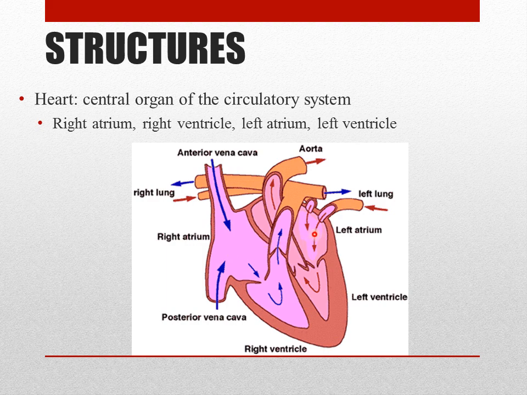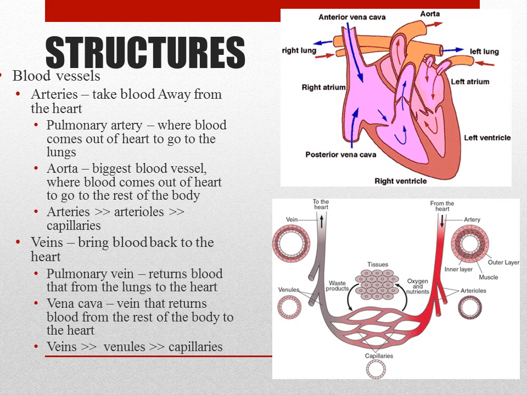So the left atrium is on the person's left side, right atrium is on that person's right side. So when we look at that person, it's kind of opposite. So the atria are at the top, and the ventricles, there's the right ventricle and the left ventricle, those are at the bottom. And we'll talk more about what they each do in just a minute.